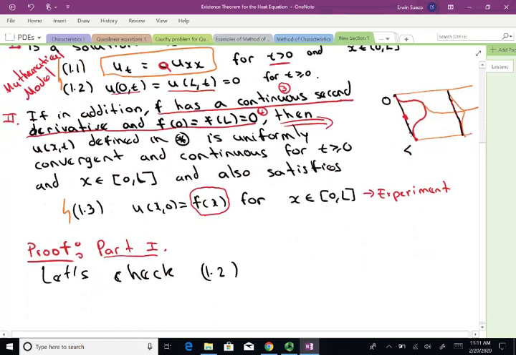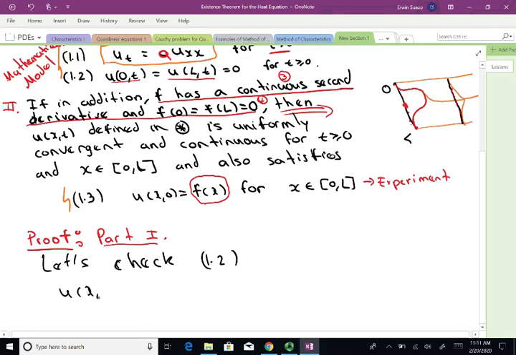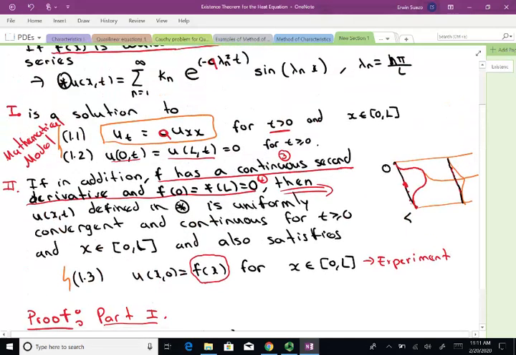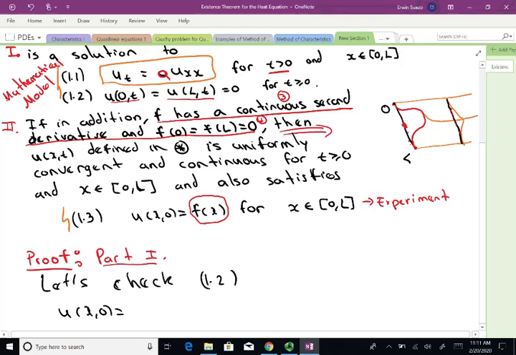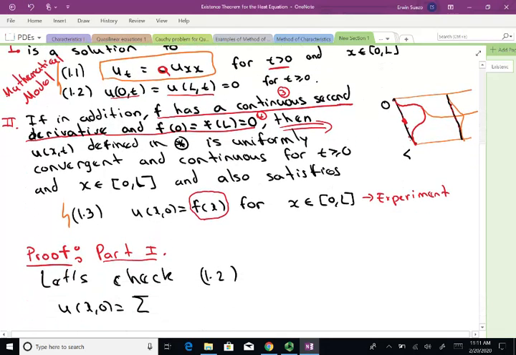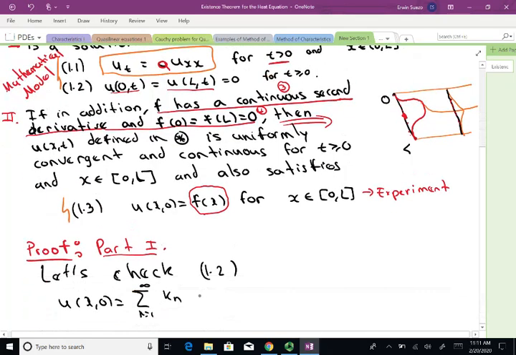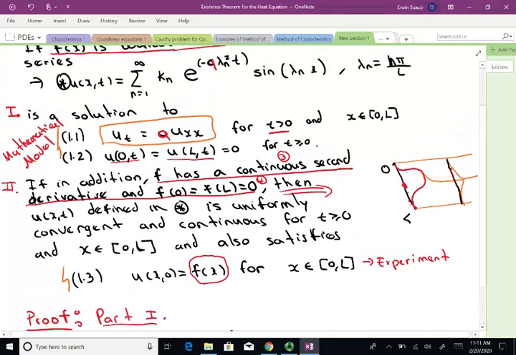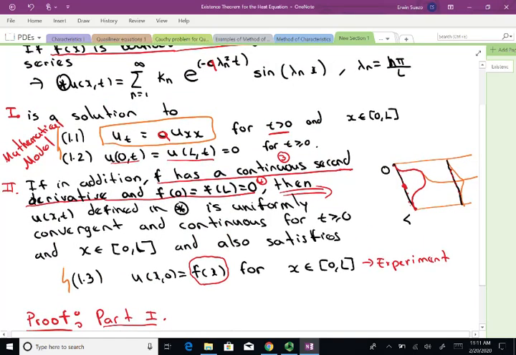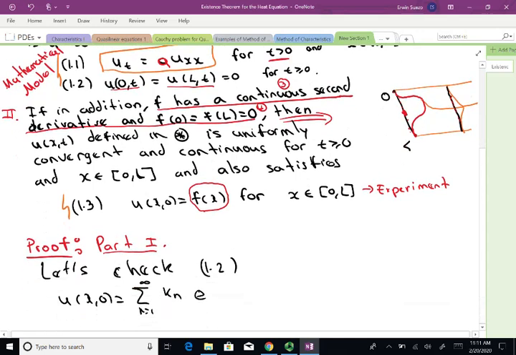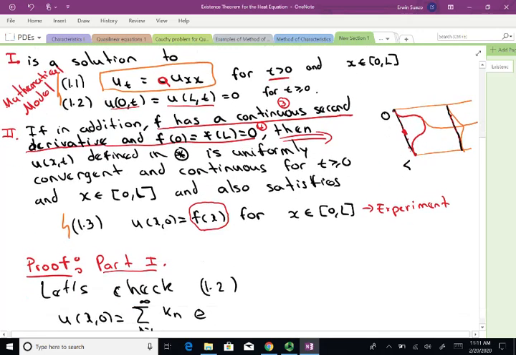If I put u(x,0), then I get the sum of n equals 1 to infinity, k to the n, e to the minus... no, sorry, it is not u(x,0), it is u(0,t).